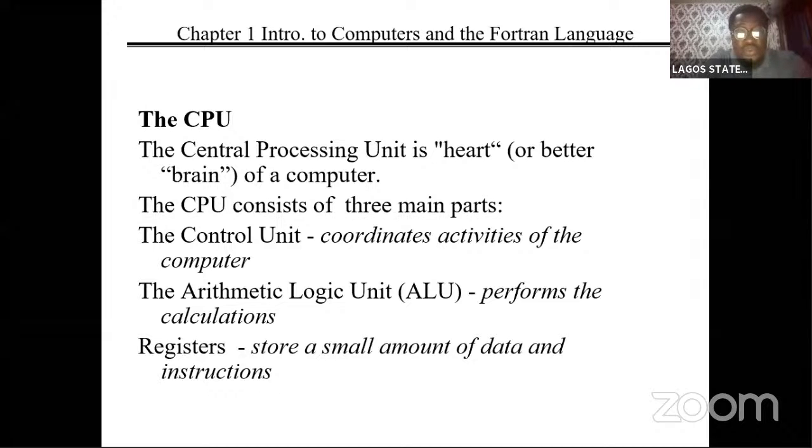The first one is the control unit. And what it does is simply the coordination of all the activities that exist within the computer. Imagine something coordinating all the activities of a system. That is the control unit. The arithmetic logic unit performs calculations.